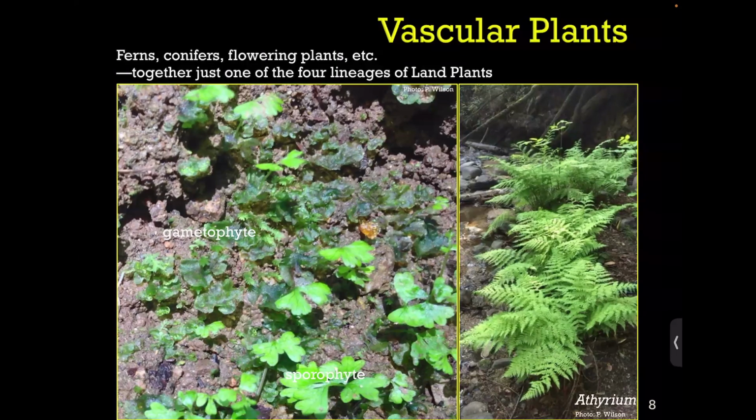And then in ferns, and typically in all vascular plants, the sporophyte grows and grows and becomes much bigger than the gametophyte. It puts down roots and takes on an independent existence separate from the gametophyte, unlike in liverworts and mosses.